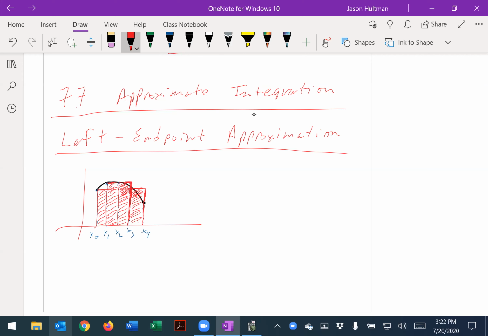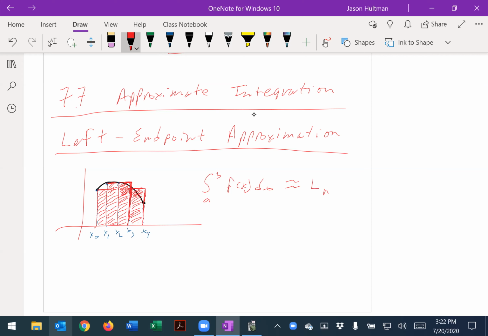And so we say the integral from a to b of f of x dx is approximately what we call L n. Sorry, it's L n, my bad. This is my left-hand approximation, L n.